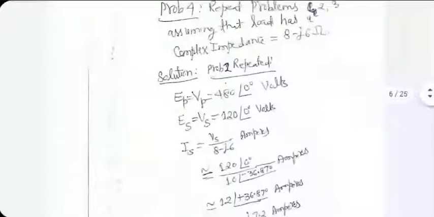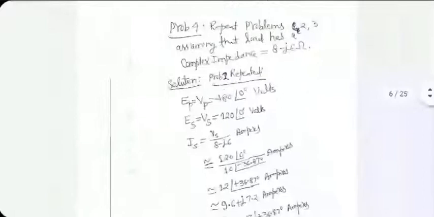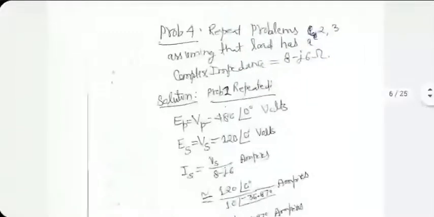EP and VP are same because it's a lossless transformer. But now you will write the value in phasors. ES also will be written in phasors. Now secondary current will be Vs divided by the load as a complex value.